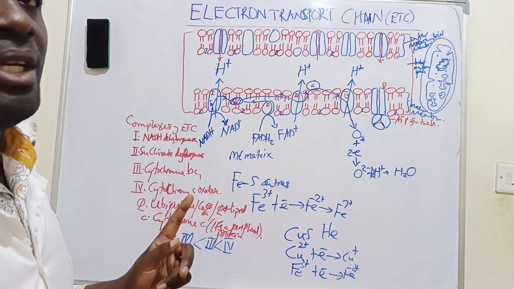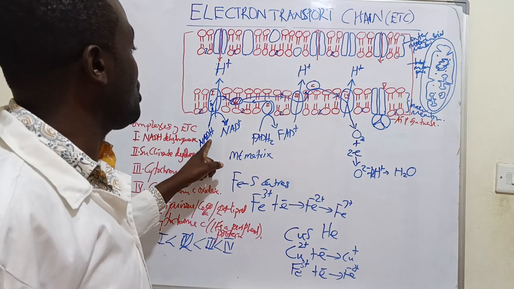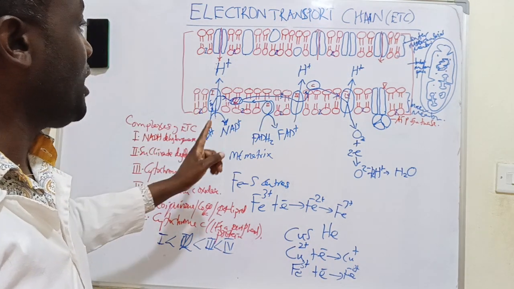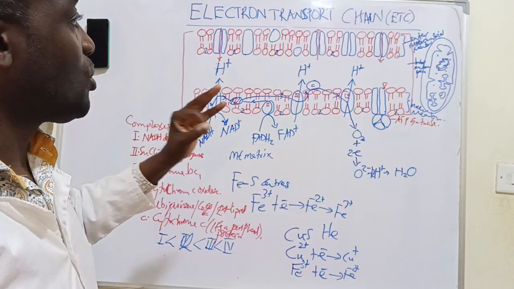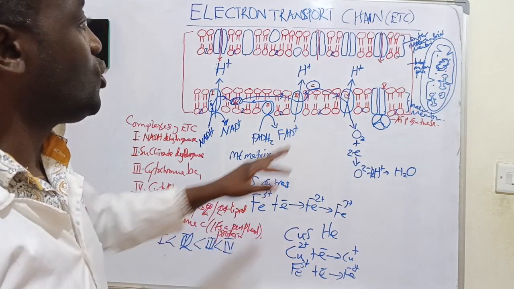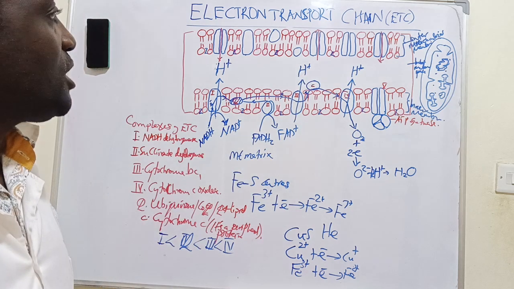Consequently, oxidation of reduced NAD results in the pumping of 3 protons into the intermembrane space, and oxidation of reduced FAD results in the pumping of 2 protons into the intermembrane space.